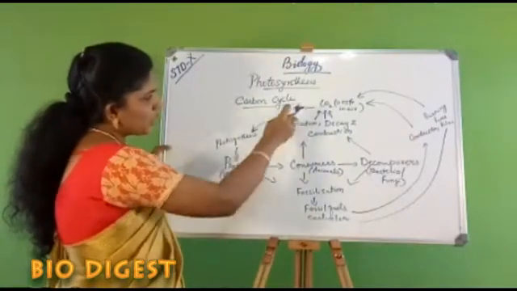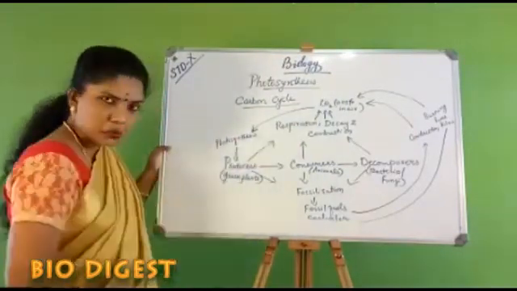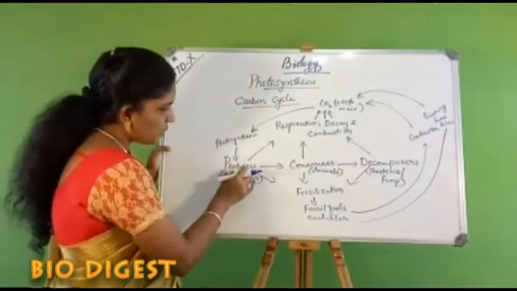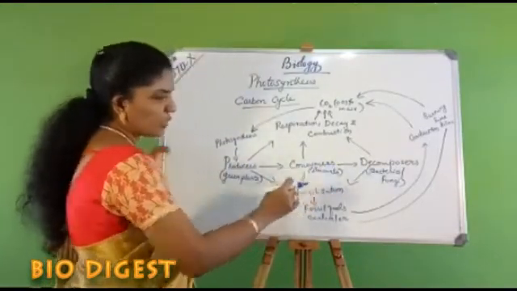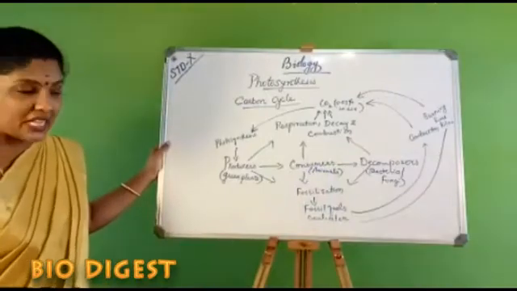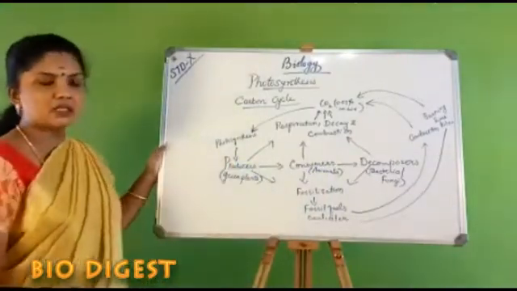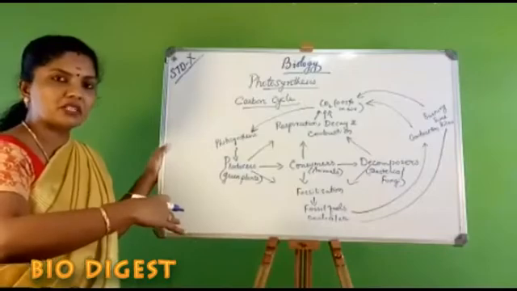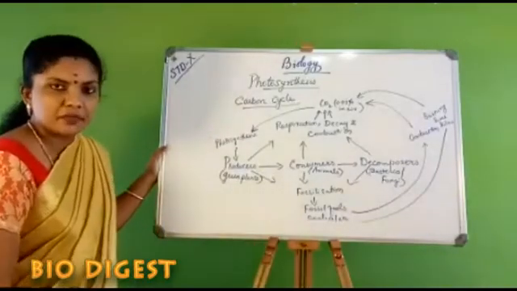So green plants are using carbon dioxide to carry out photosynthesis. Green plants will be eaten up by the consumers or the animals. Usually herbivorous animals will be feeding on the green plants. Then herbivorous animals are eaten up by carnivorous animals.